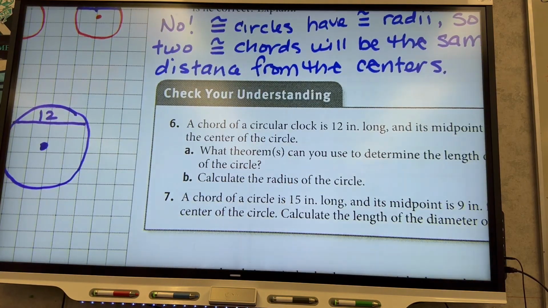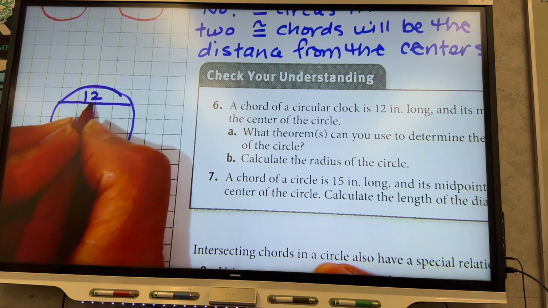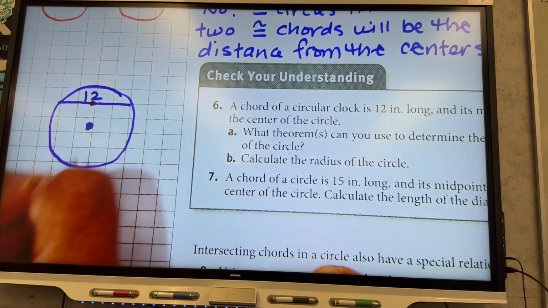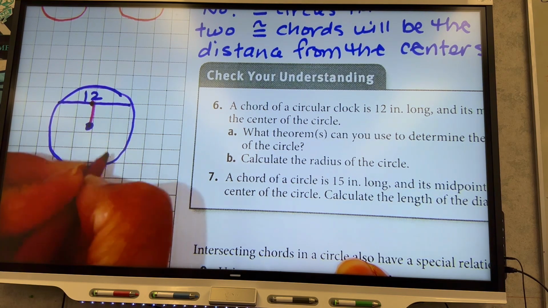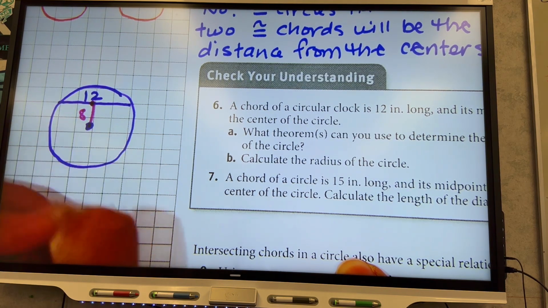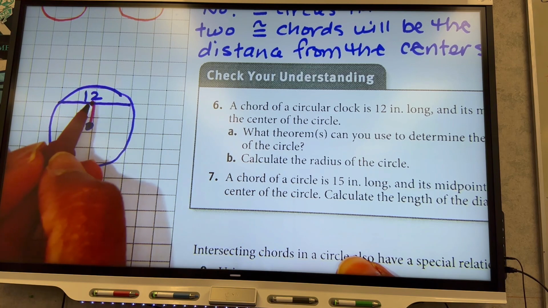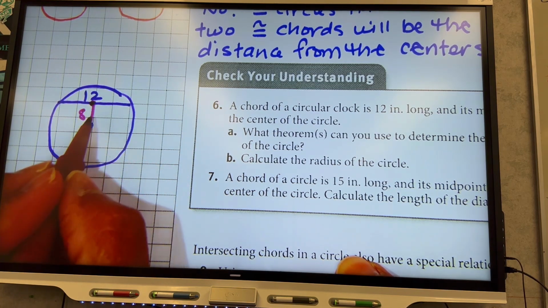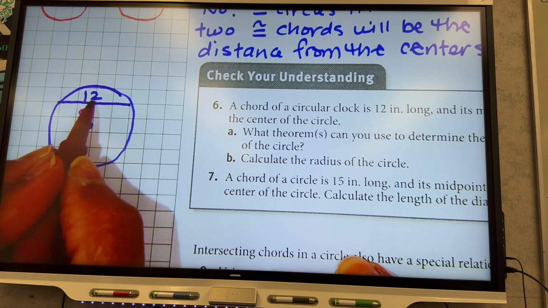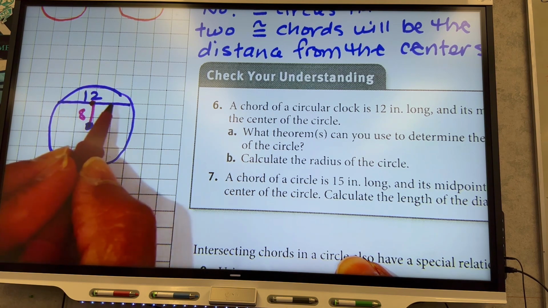So the midpoint is the middle of the chord, and it says 8 inches from the center. Now, here's something that we just learned, at the very beginning of the lesson. When we have a diameter that hits a chord, and since this is at the midpoint, doesn't that mean that each of these sides is 6?